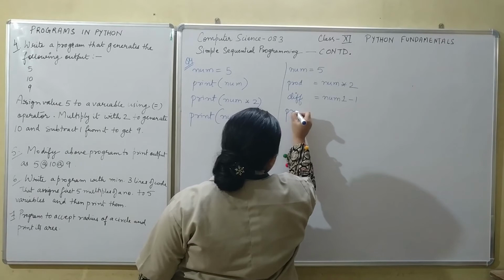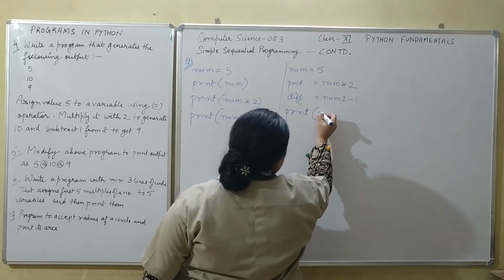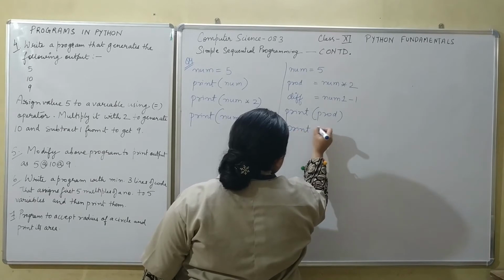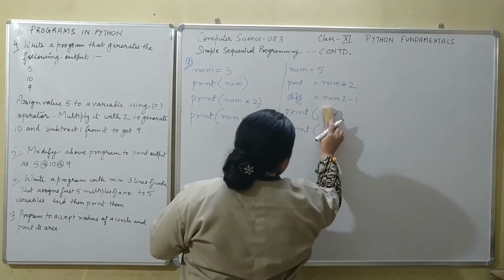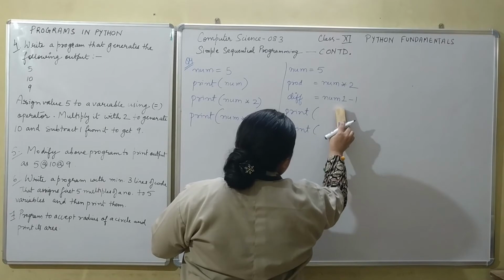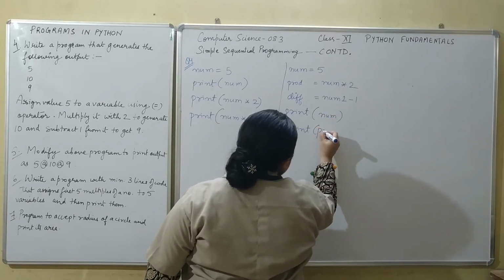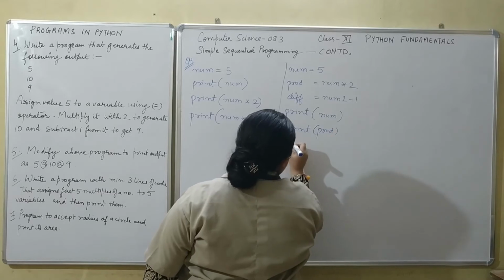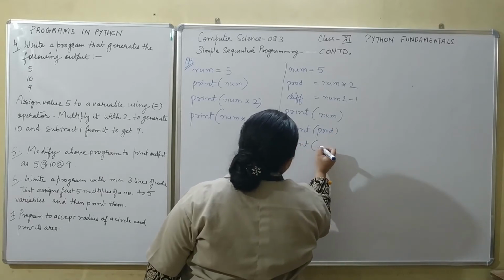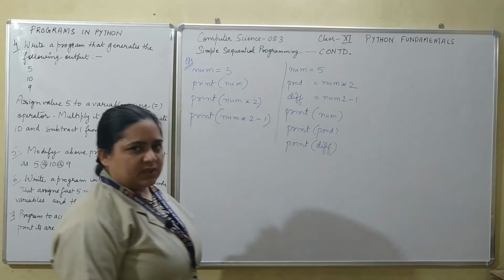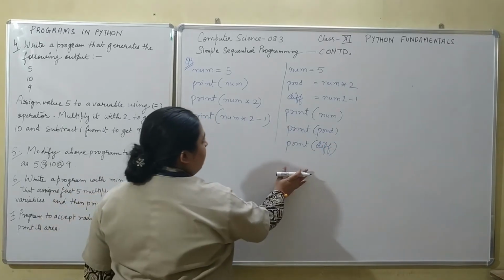And then we can print these 3 values. The first value is going to be num. Second one prod and third one diff. So this is how we can provide these values.